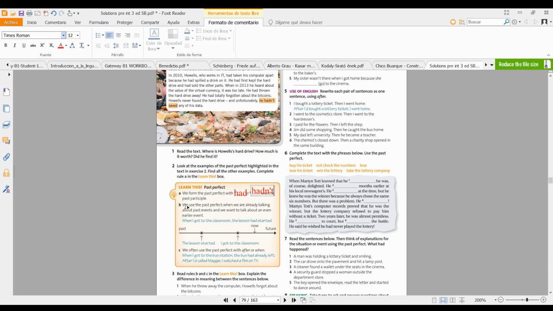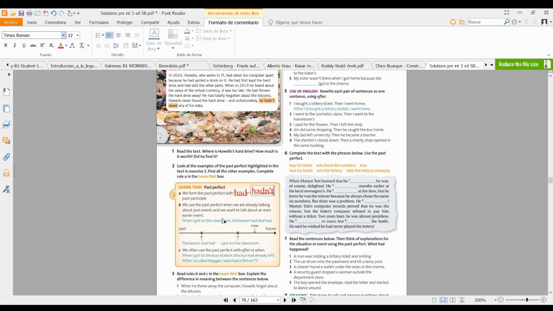¿Sí? So look at B. It says, we use the past perfect when we are already talking about past events, que sería el año 2013, and we want to talk about an even earlier event, o sea, algo que sucedió anteriormente a eso. Miremos esta línea de tiempo, ¿sí? Tenemos now acá, ¿sí? Y tenemos some past y otro past anterior. Y veamos el ejemplo.